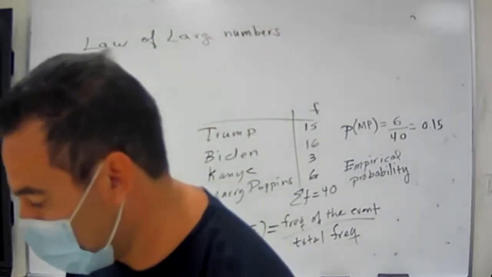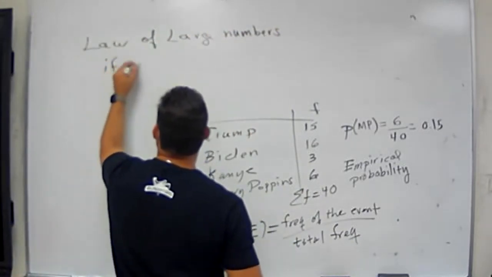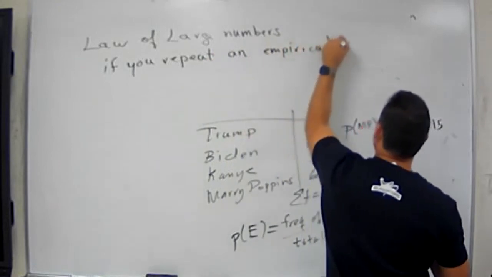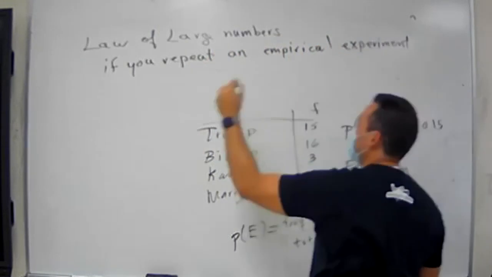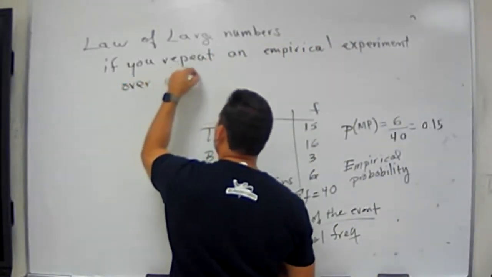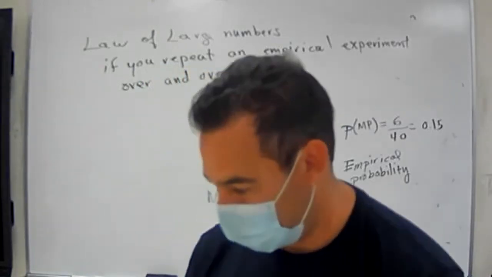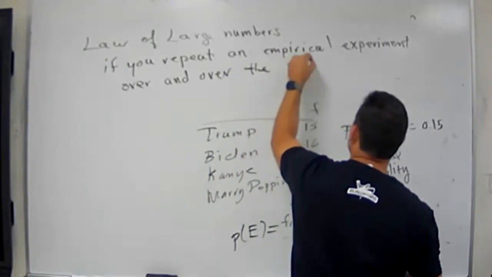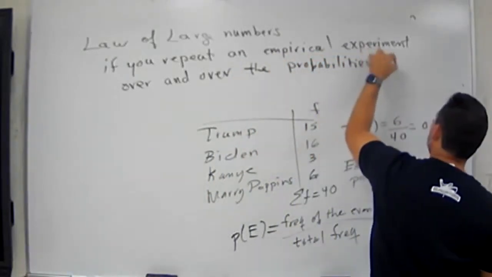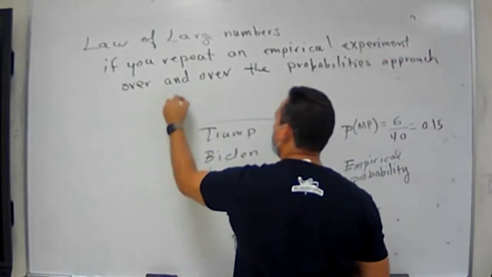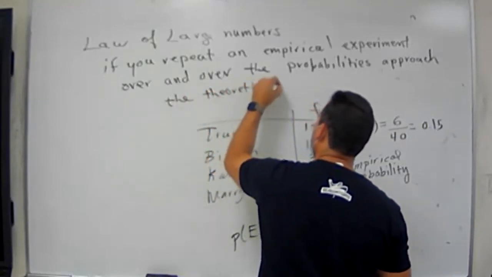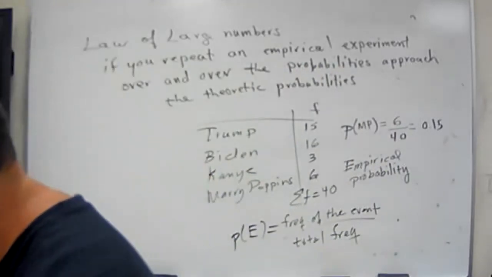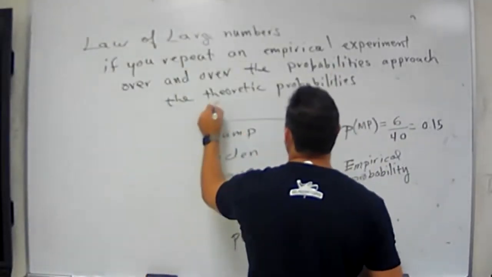Essentially what the law of large numbers says is if you repeat an empirical experiment over and over, you do it over and over, the probabilities approach the theoretical probability or true probability, whatever they might be. You can change this to actual.